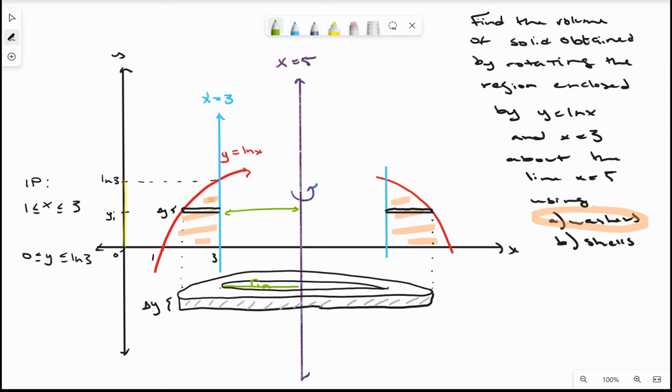And that's constant. No matter where along this interval with respect to y, this highlighted interval here, that green distance is going to be the same all up and down. It's the same here, it's the same here, it's the same everywhere. And what is it?